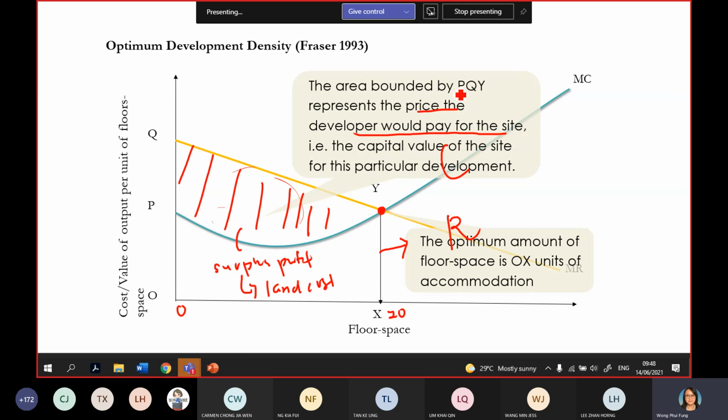So that is why they say PQY is the price the developer would pay for the site, which means the land cost, which is the capital value of the site, which is the land value. Because of the assumption, whatever profit the developer receives, they use it to pay the landowner for the land cost. So this area has two meanings, surplus profit and also the land cost.